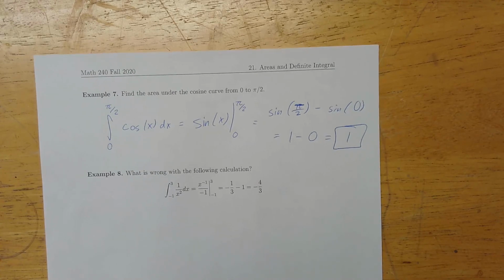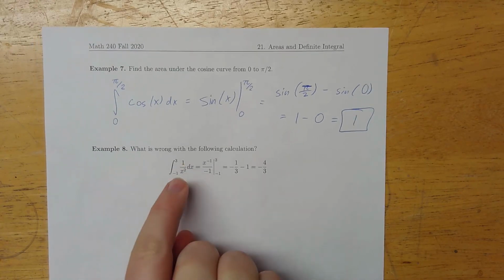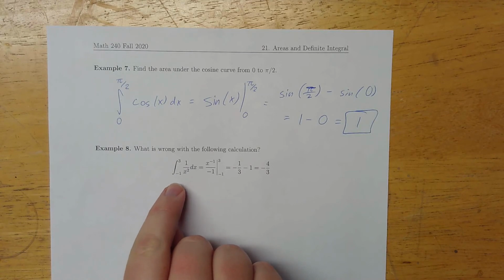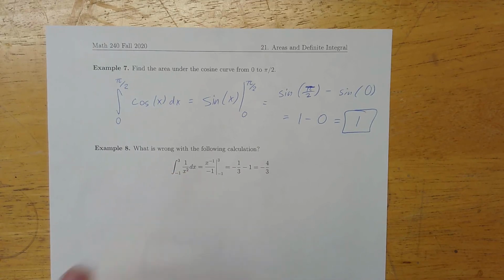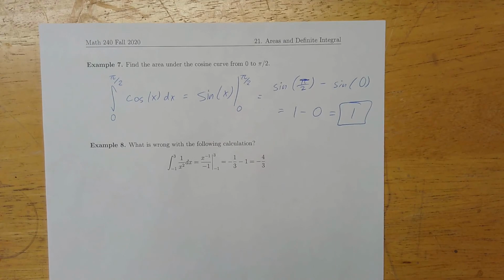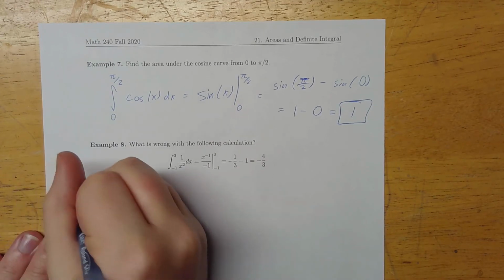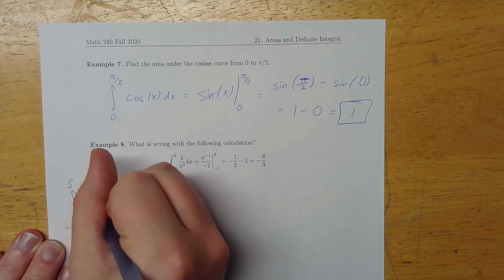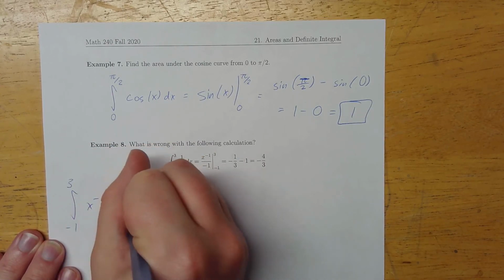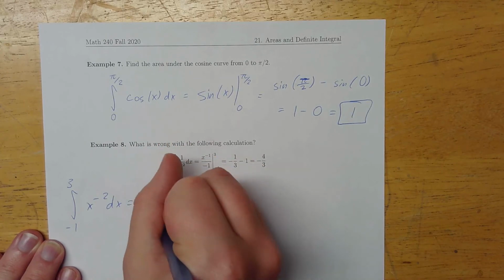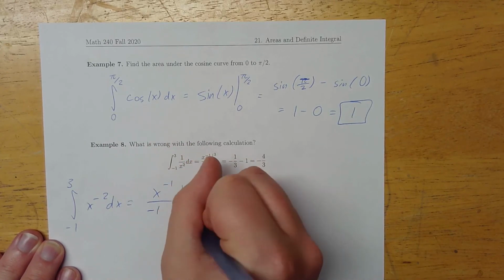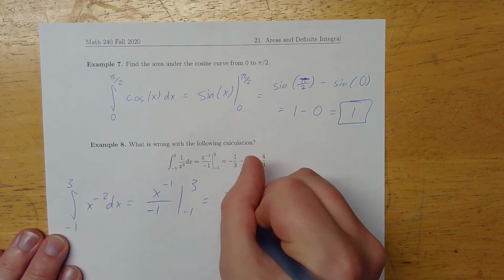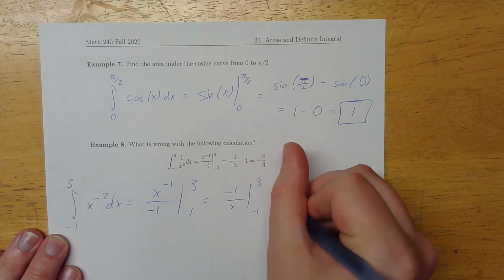Alright, so what if we wanted to go ahead and take this antiderivative? So we've got the integral from -1 to 3 of 1 over x squared dx, which, based on our rules, would be the integral from -1 to 3 of x to the -2 dx. That would be x to the -1 over -1 from -1 to 3, or just -1 over x evaluated from -1 to 3.